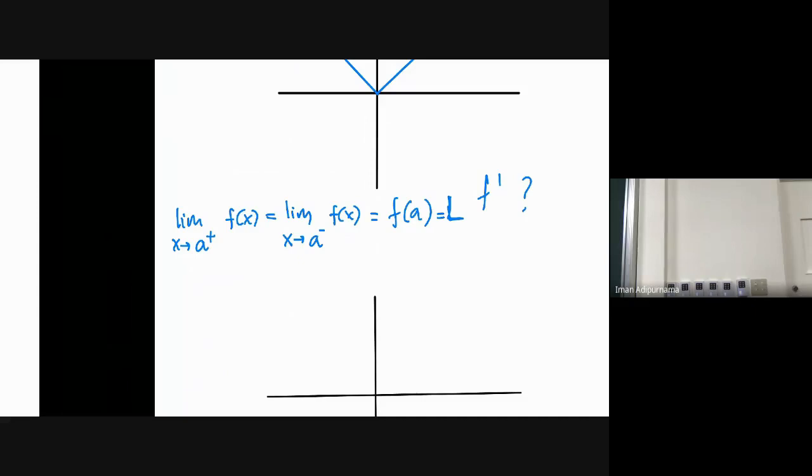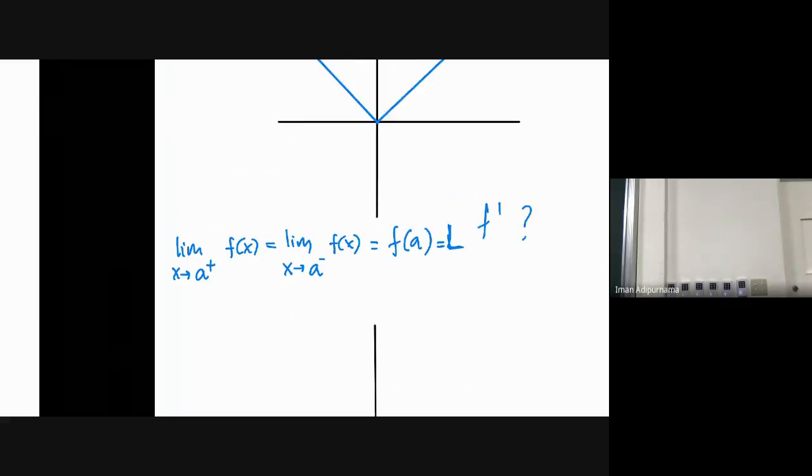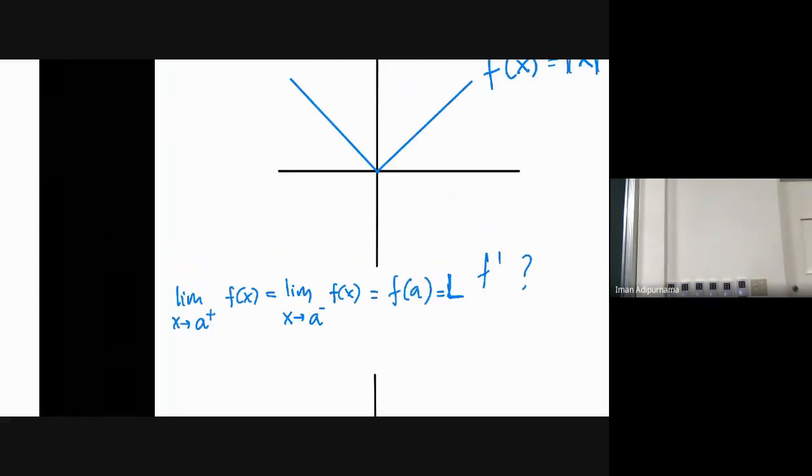So in another way, if I can draw this absolute value of x without picking up my pen, then it's continuous. That's the easiest way to illustrate. Because I can draw this function without picking up my hand, I will say this function is continuous. Or if you want to be mathematical, you can prove it with this: approach from the right, from the left, substitute a, and it should equal some value.